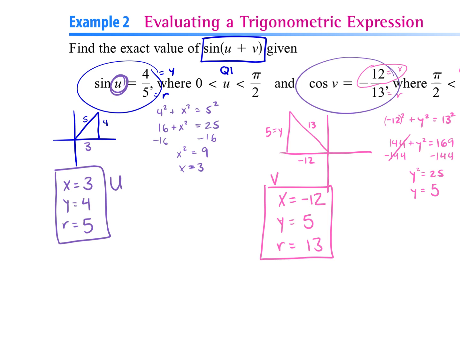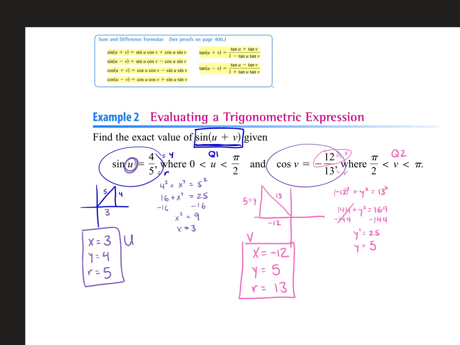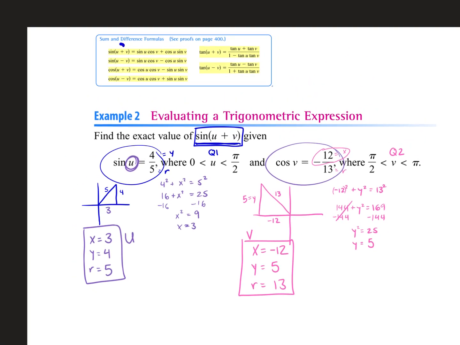So now I'm going to go back to the question. It says, find the exact value of sine of u plus v. So I'm going to go to my sum and difference formulas, and I'm going to use the sine of u plus v formula.